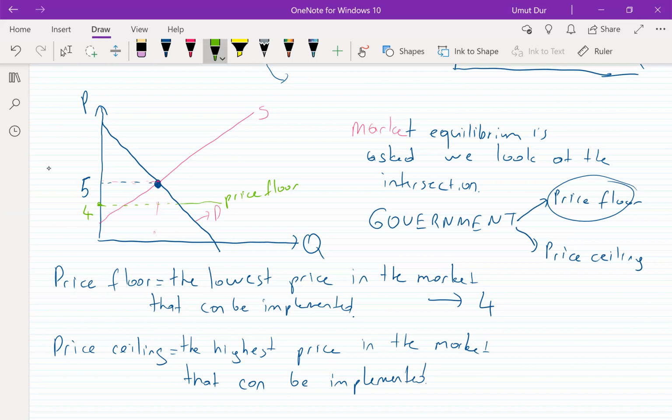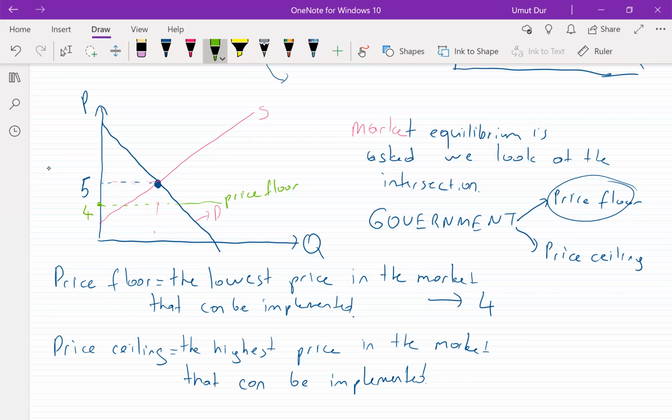So let's think this again. Suppose that you are the only seller and I am the only buyer, and we agree to have the transaction at price 5.